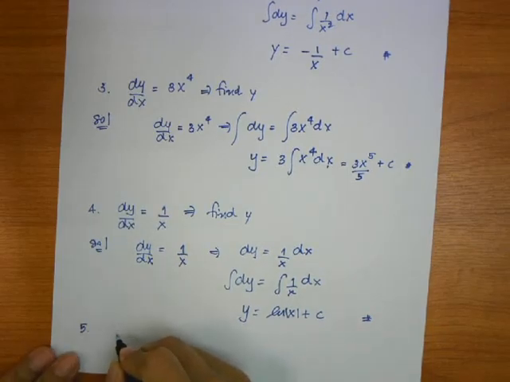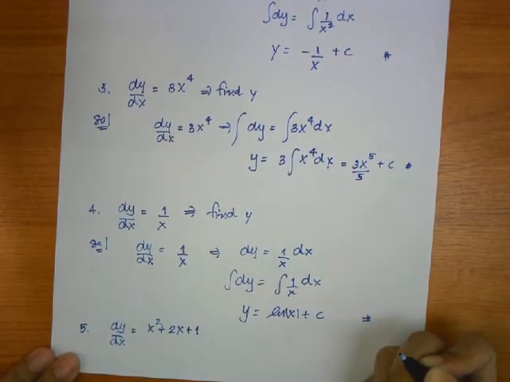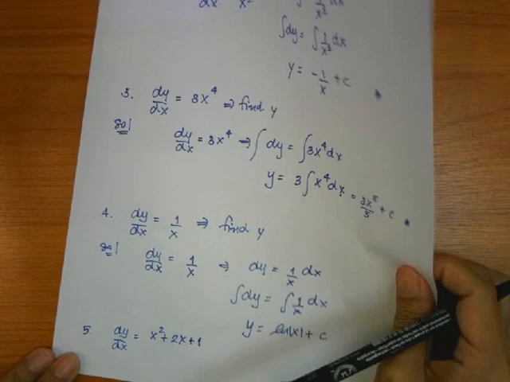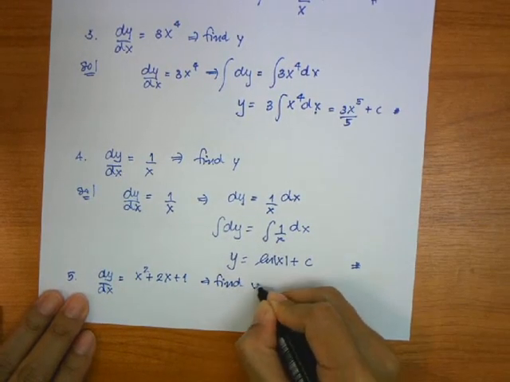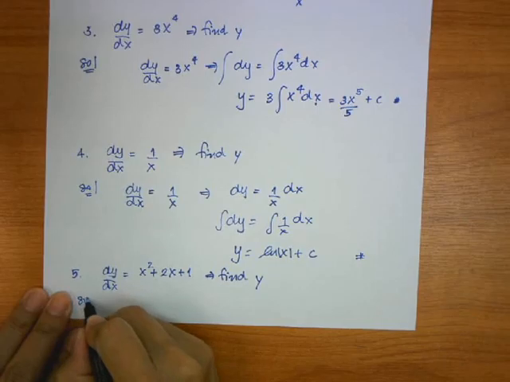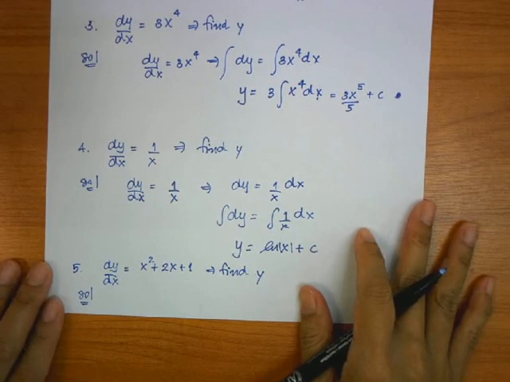Next example, if we have dy by dx is equal to x squared plus 2x plus 1.